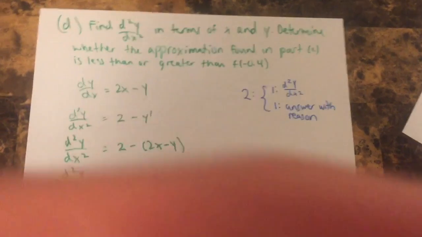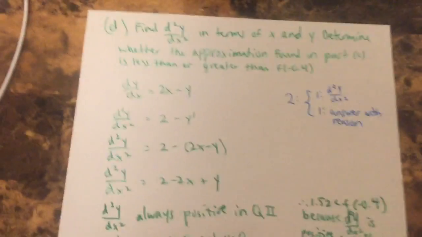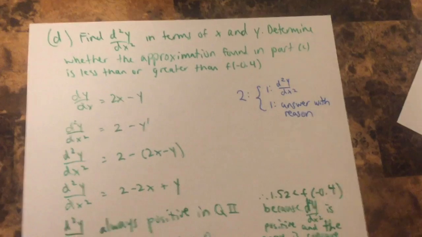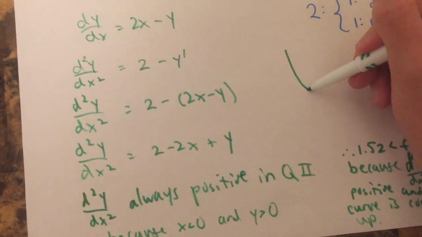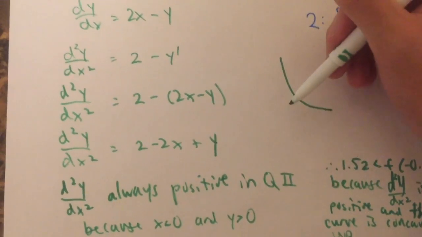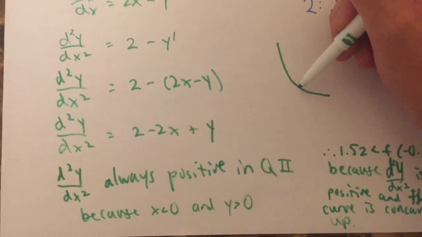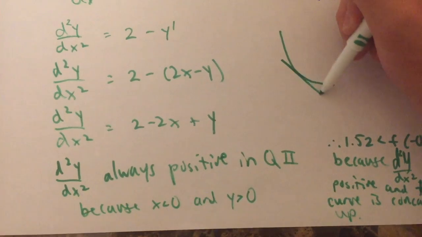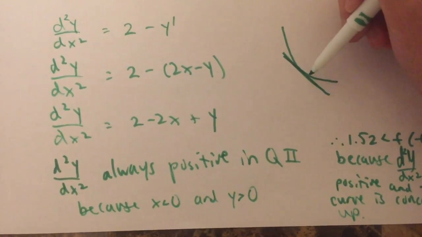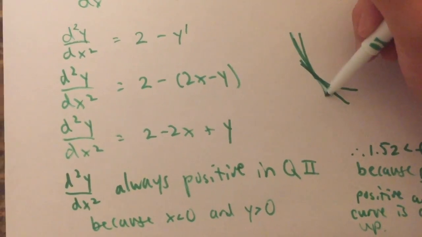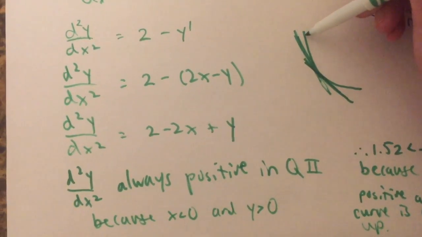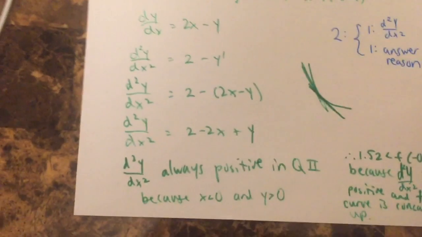So if we have to demonstrate, we have a concave up graph. And when we're doing approximations using tangent lines, which is Euler's method, we're going to have tangent lines like this, and then tangent lines like this. So they're always going to be less than the actual value.